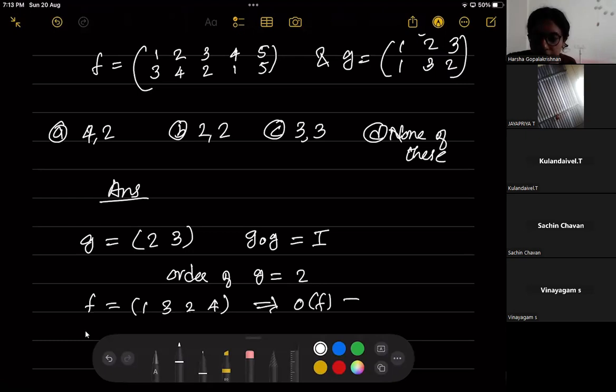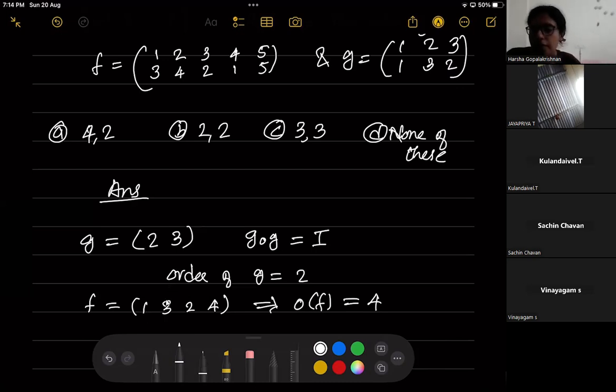Why am I saying this? Because if we apply F 4 times, first time 1 goes to 3, second time to 2, third time to 4, and the fourth time it goes to 1. So in the fourth time 1 goes to 1. In the same way, 3 goes to 2, then 4, then 1, and the fourth time it comes back to 3.